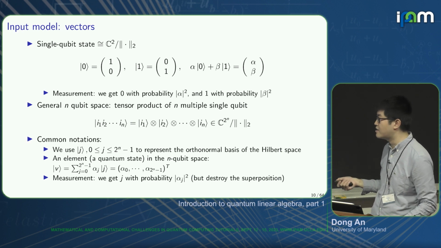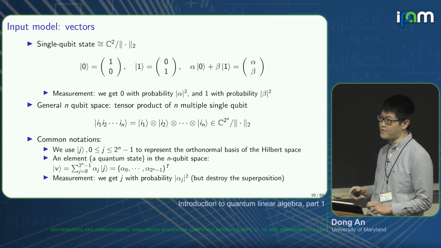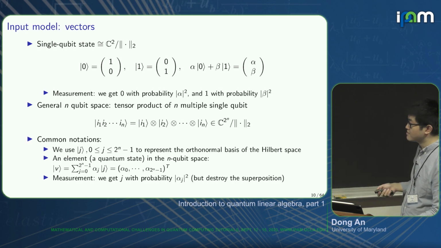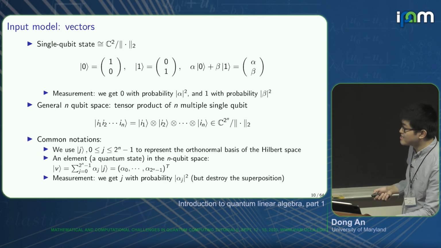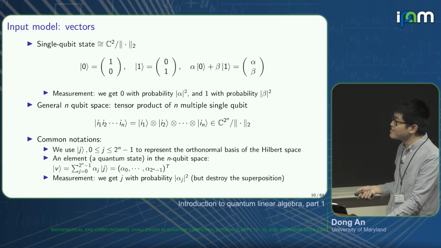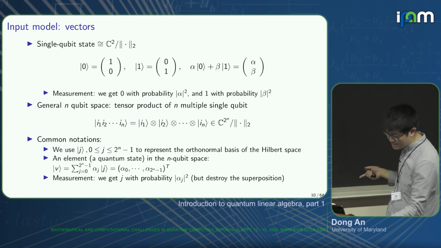That gives you an orthogonal basis of the entire Hilbert space. But again, an arbitrary quantum state can be very general. This is a general quantum state, which is a linear combination of my basis functions, and in the vector language, it can be written as alpha_0, alpha_1, all the way to alpha_{2^n - 1}.